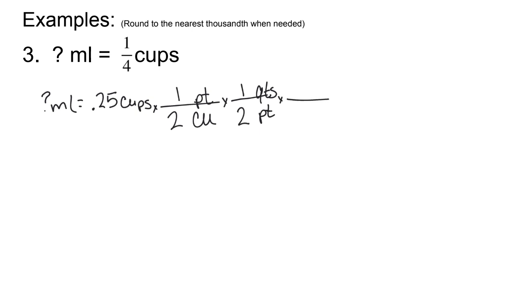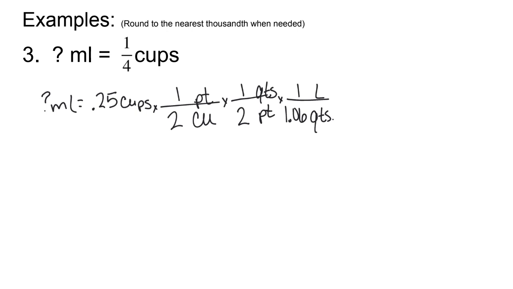Now I'm in quarts, which is where I needed to get to in order to cross the bridge over to the metric system. I can go from quarts out to liters, which puts me in the metric system. 1 liter is about 1.06 quarts. Great news, we're in the metric system now.